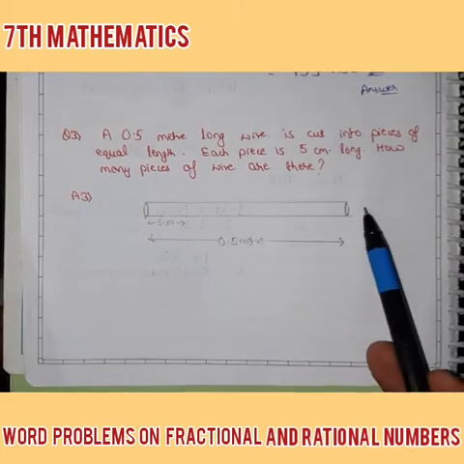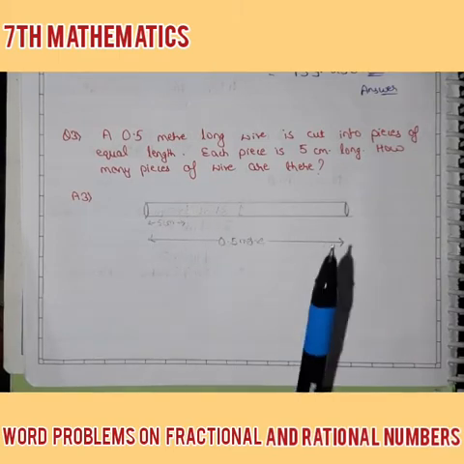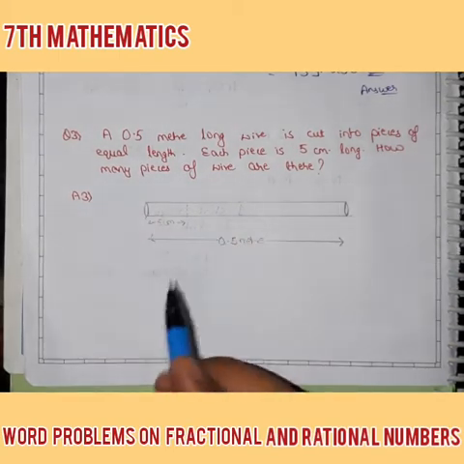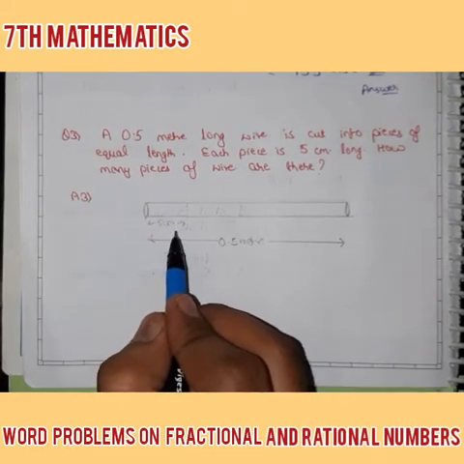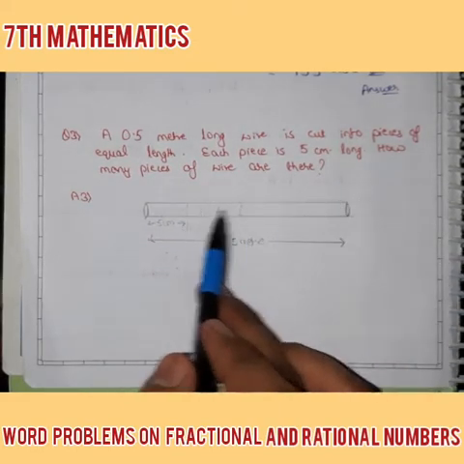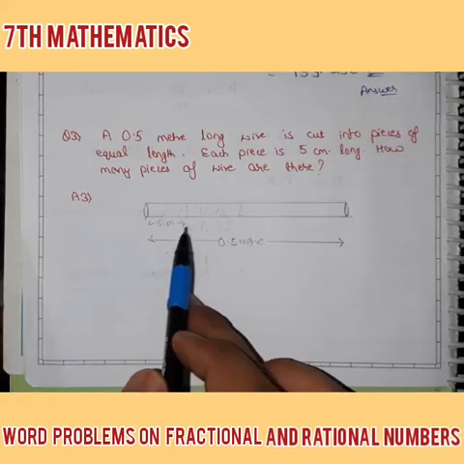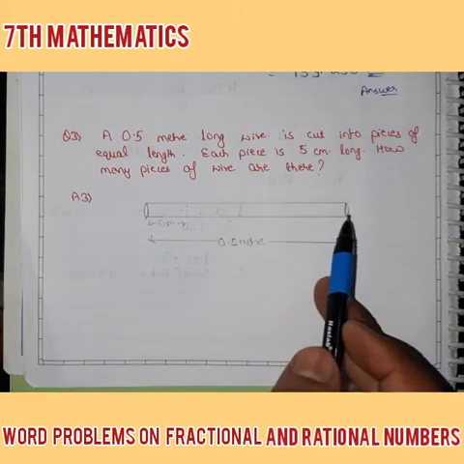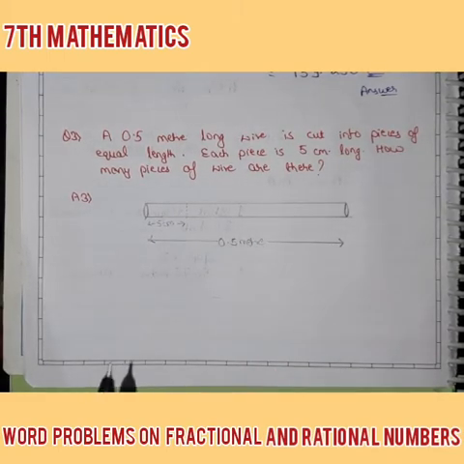How many pieces are there, that we don't know, but each piece measures 5 centimeter. So how many such pieces are there that will cover this whole 0.5 meter? This we need to find.